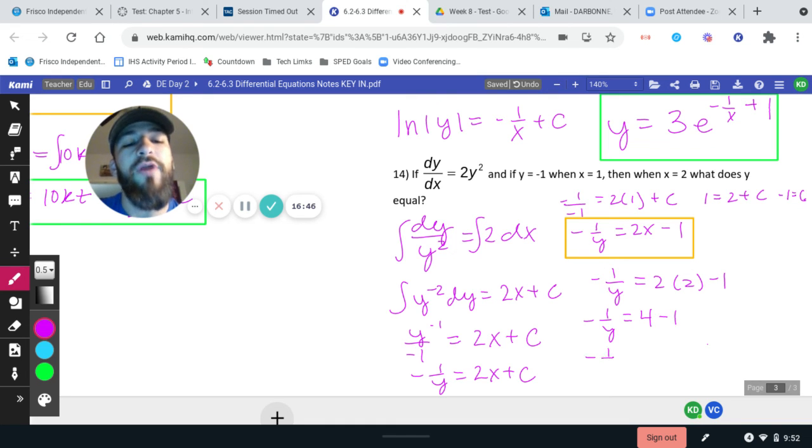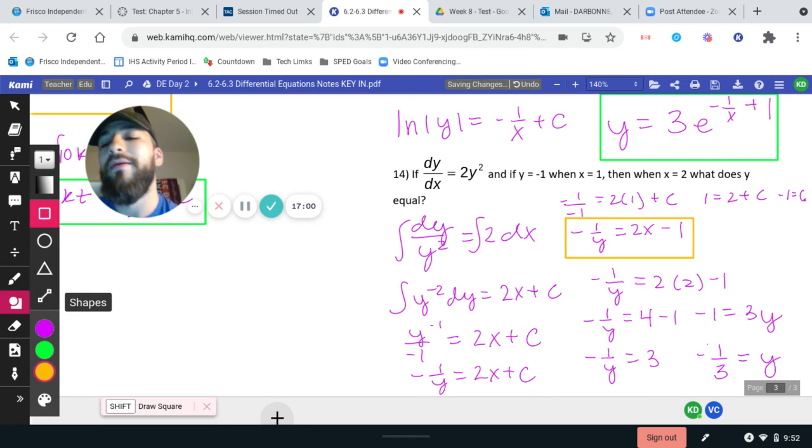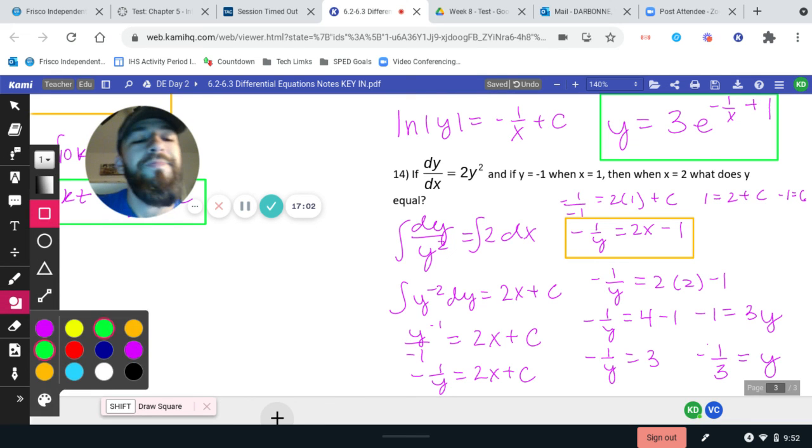So negative 1 over y is equal to 3. Multiply that y over, we get negative 1 is equal to 3y. Divide that 3 back over, and we get negative 1 divided by 3, or negative 1/3, is equal to y. So anytime you get a problem like this, y'all, your final answer should be a value of y.